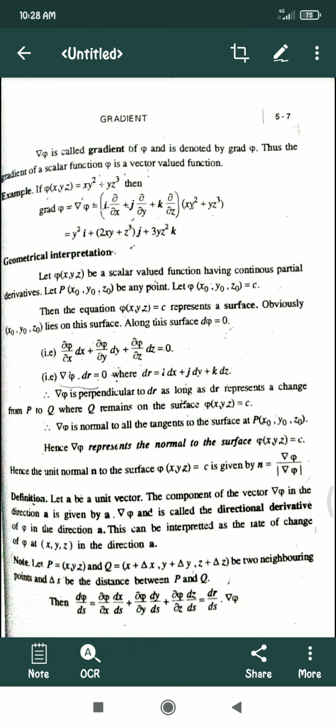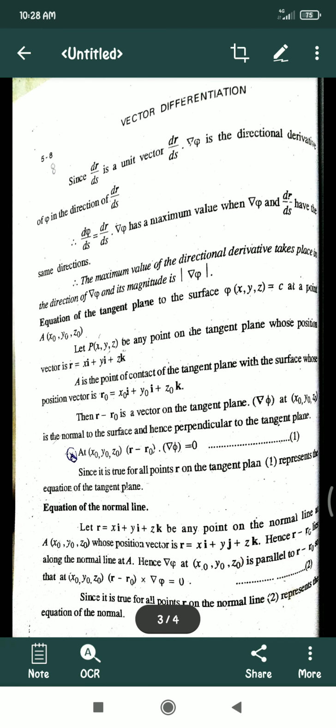So we substituted the values of x, y and z into del pi, and the directional derivative is dr by ds dot del pi. That's it. So next, since dr by ds is a unit vector, dr by ds dot del pi is a directional derivative. Here we mention that dr by ds is a unit vector and the directional derivative is with respect to the pi function.